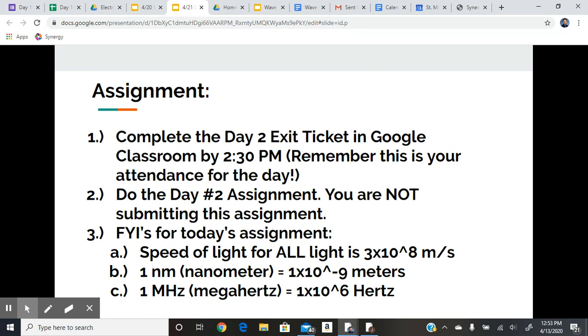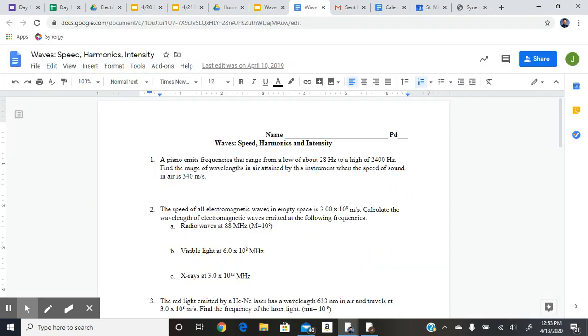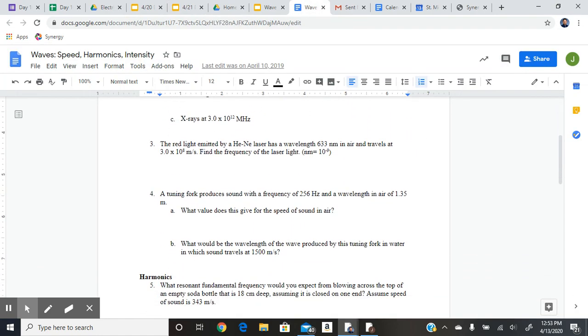And I think both of these conversions are in there, but just so you know, 1 nanometer is 1 times 10 to the negative 9th meters. And then 1 megahertz is 1 times 10 to the 6th hertz. Okay. So if you have any questions on this sheet, please make sure you let me know.